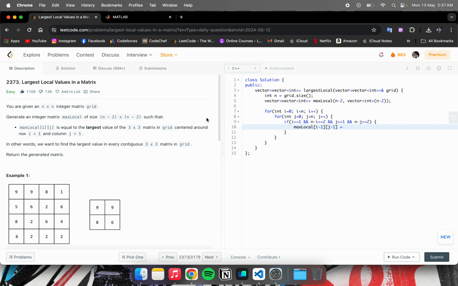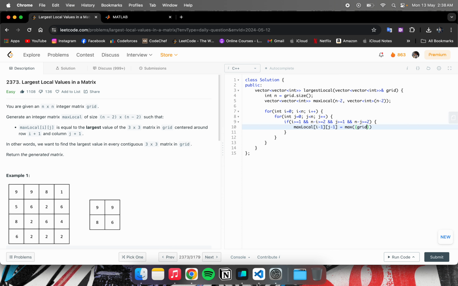As per the question, if I have i comma j in max local, then it is the center of a 3 cross 3 matrix with the point i plus 1 j plus 1. So naturally, if I have i comma j in our grid matrix, its corresponding point in the max local matrix will be i minus 1 comma j minus 1.